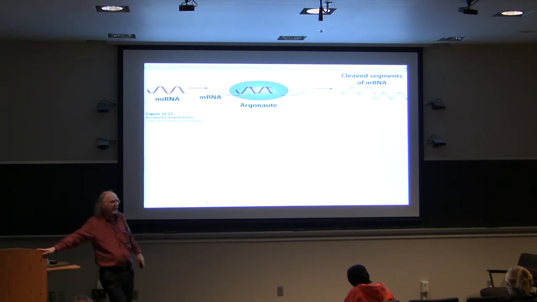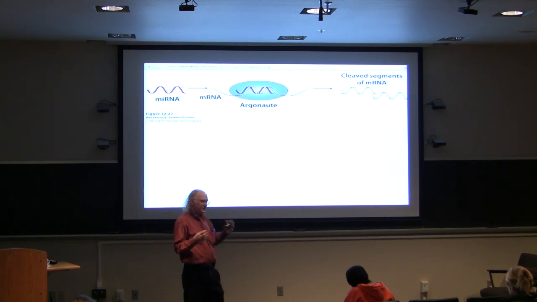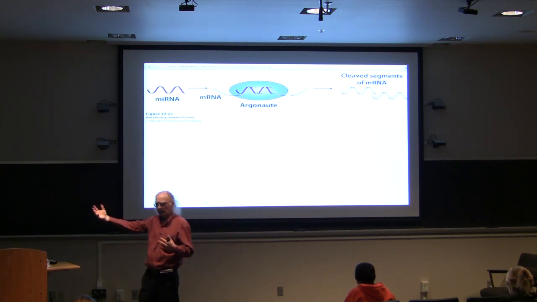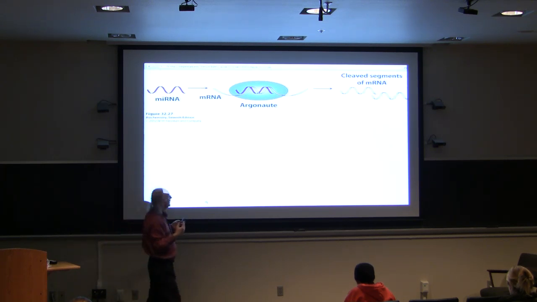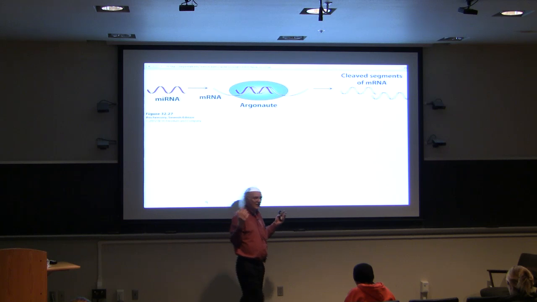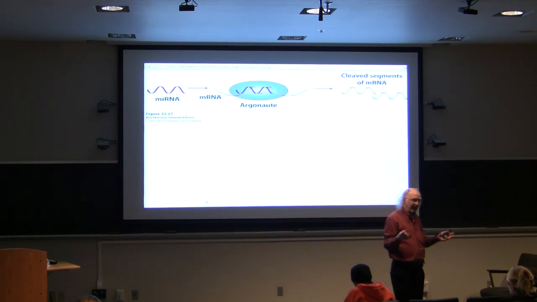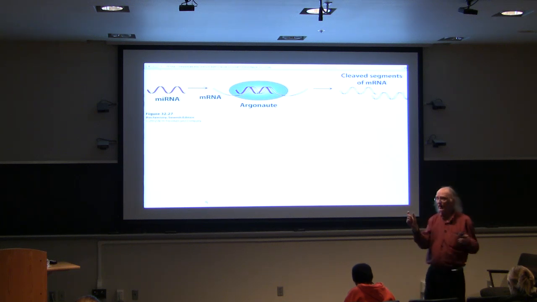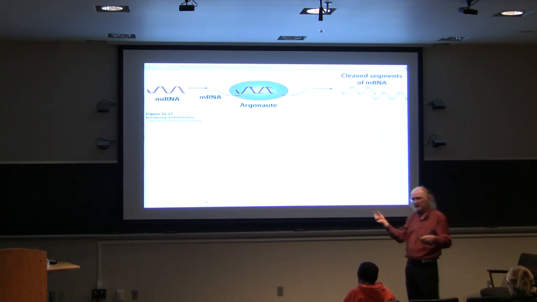Okay? And they have a section of them that's complementary to a target gene in that eukaryotic cell. So let's say I have an insulin messenger RNA, and the cell might have a microRNA that would be complementary to a portion of that insulin RNA.